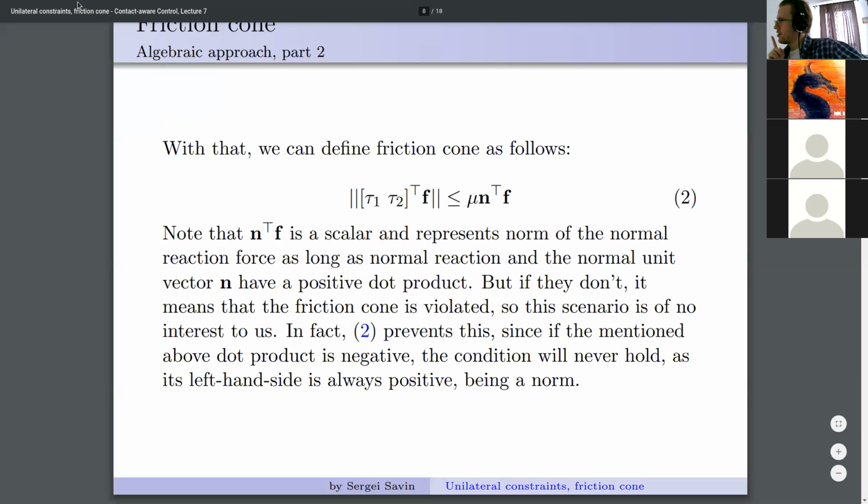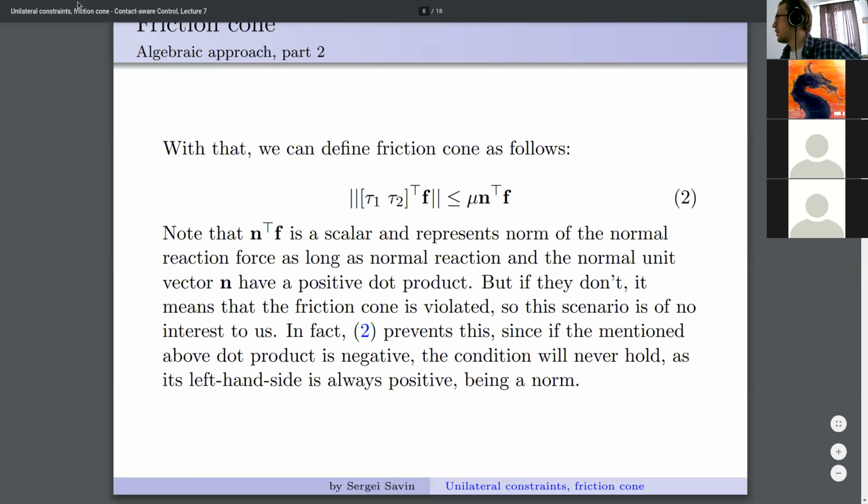But here's the thing. When we take the norm of a three-dimensional vector, the fact that it was multiplied by a unit vector doesn't actually change the norm. So we don't have to have the scalar multiplying a unit vector. You can just take the scalar. That's why we have N transpose F. The same here on the left-hand side.